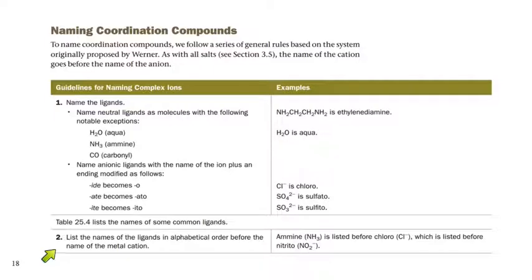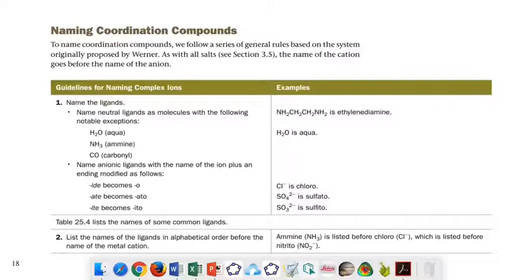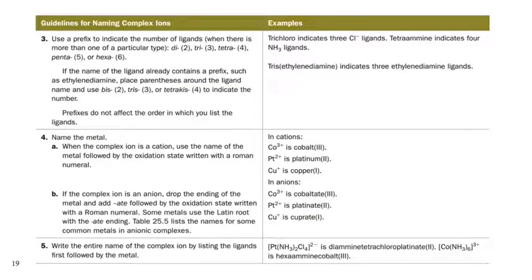Then you're going to list the names of the ligands in alphabetical order, and those are going to come before the name of the metal ion. So we would list ammine before chloro, because A comes before C. We use a prefix to indicate how many ligands of each kind there are.